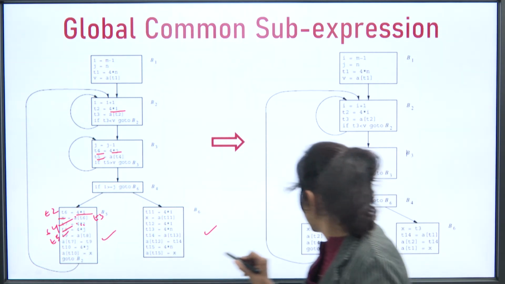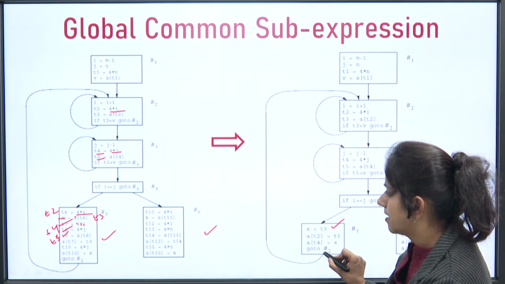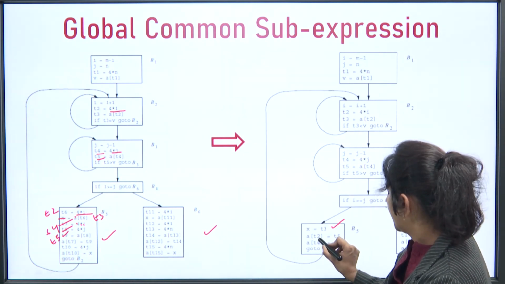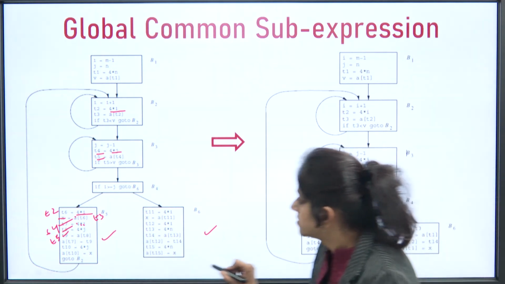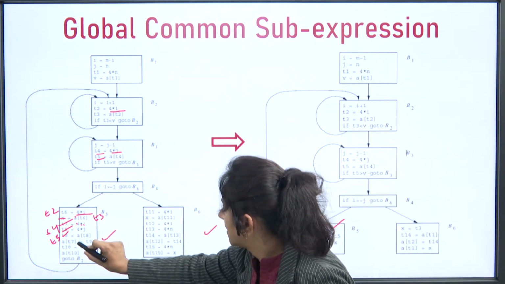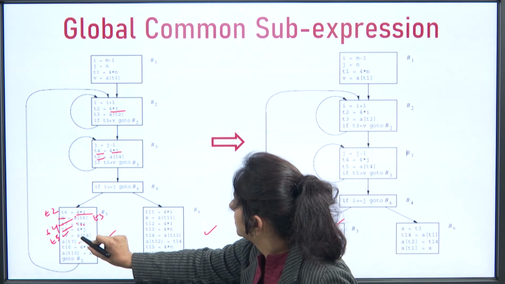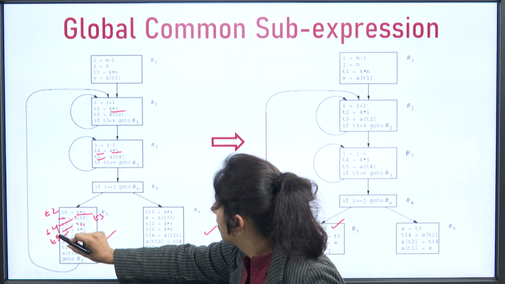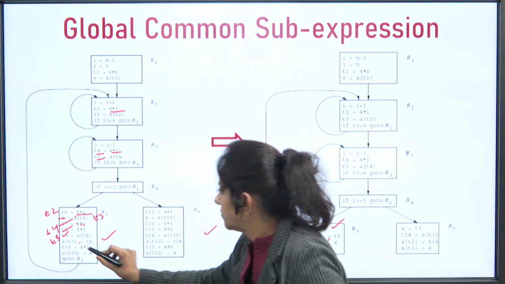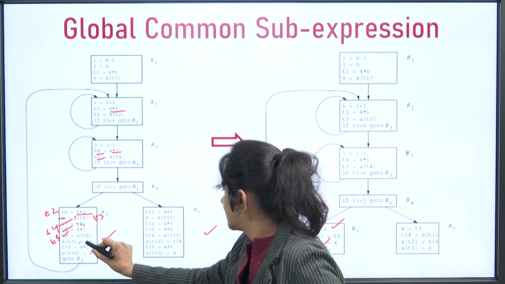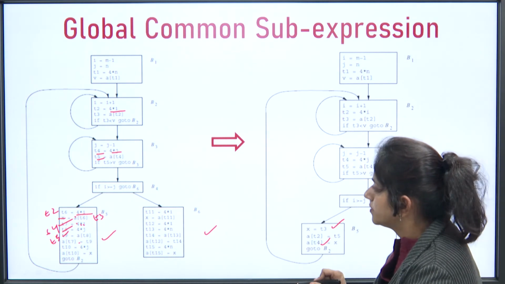Now A at T7, which instruction am I talking about here? T7 is this one, T4. So this will be A at T4, and this will be equal to T9.